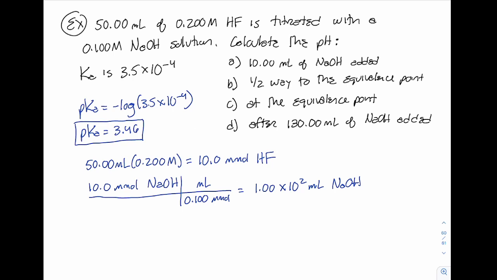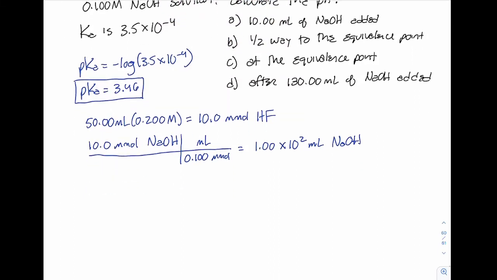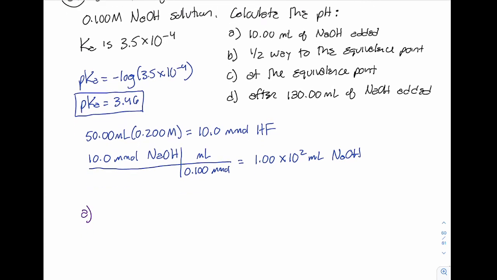Okay, so part A. Anytime we're adding base to our acid, I'm always going to write that neutralization equation. I also need to figure out how many millimoles of base we have so we can plug those numbers into our change table. So I'm going to do that first. I have 10 milliliters of sodium hydroxide, right?